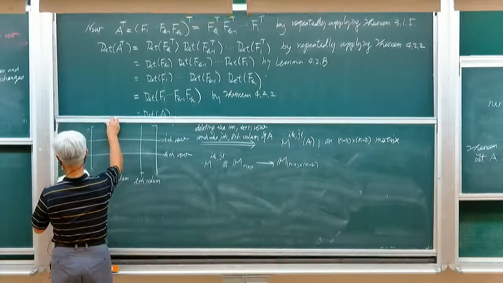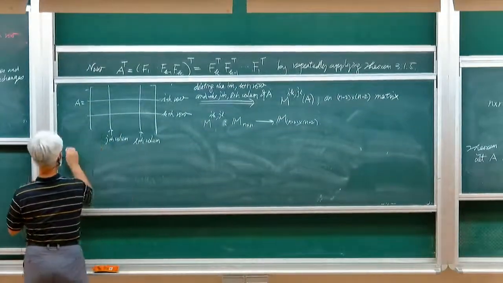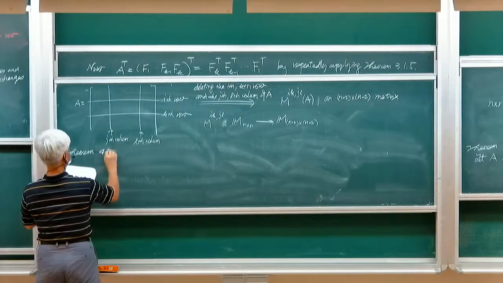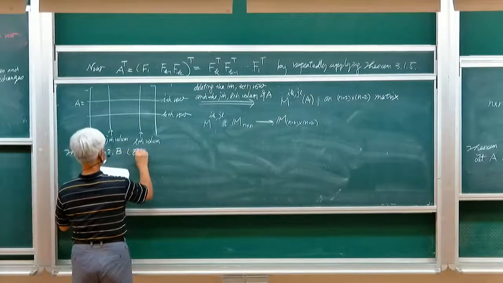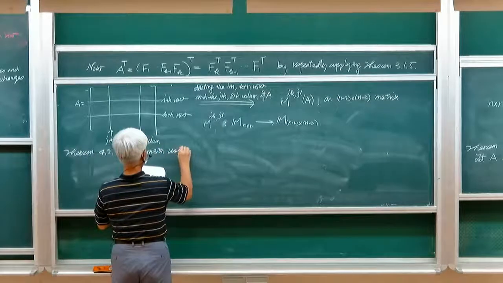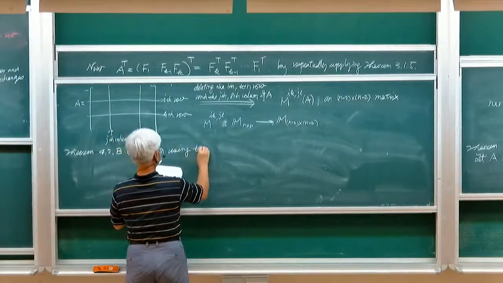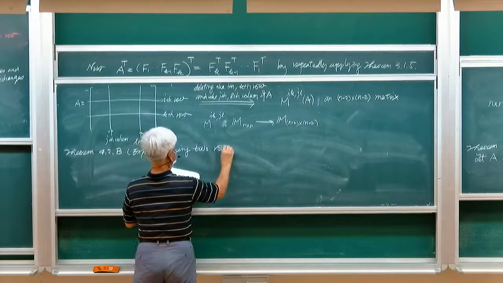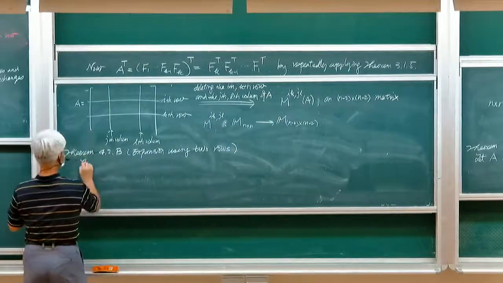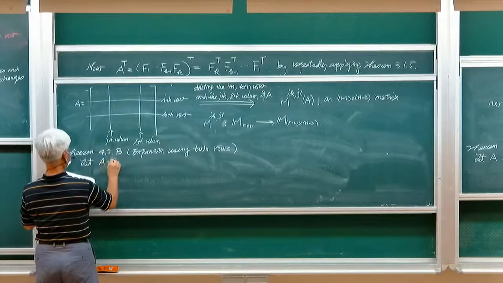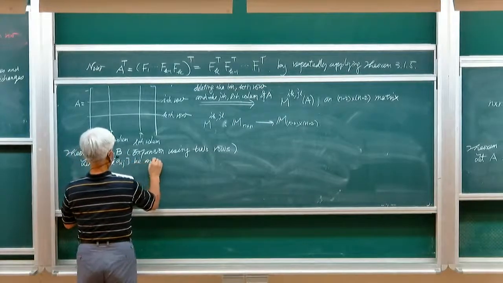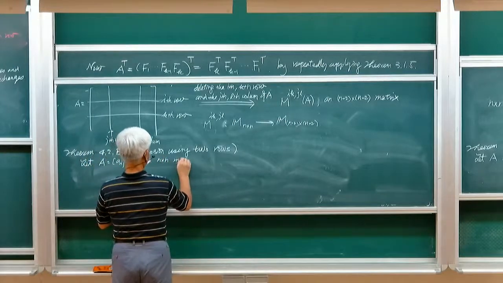So now we need the following result, called the four-term, two-term expansion using two rows. Let A_ij be an n times n matrix.